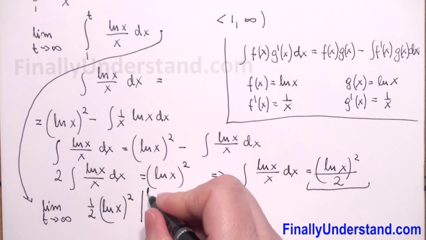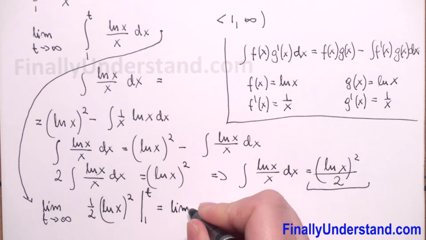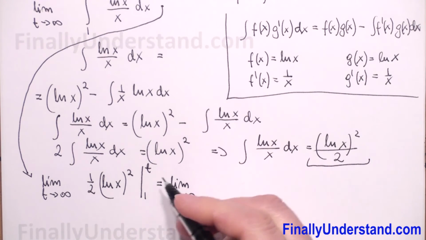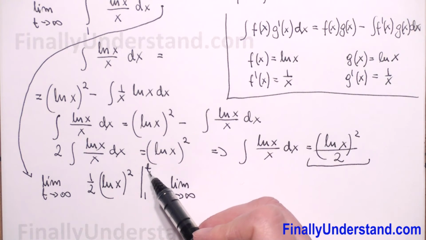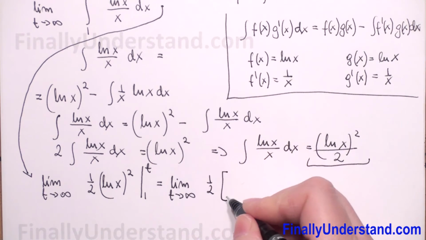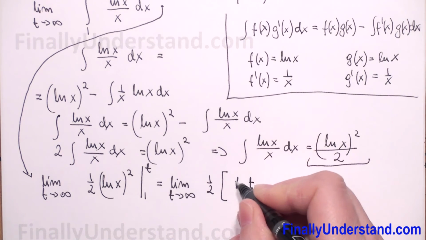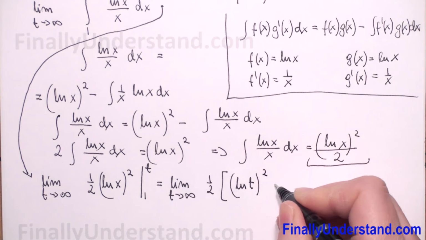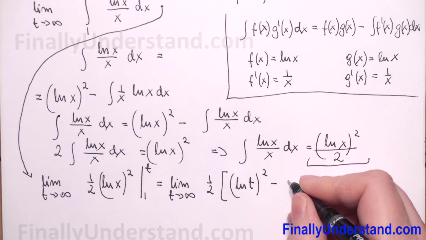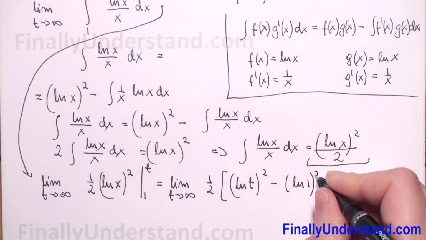We have from 1 to t, so this is equal to the limit. We have to rewrite t goes to infinity, and first we will plug in the upper limit. So we have 1/2, and in brackets we will put natural logarithm now of t to the second power minus we will have natural logarithm of 1 to the second power.